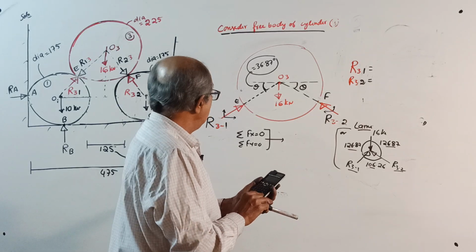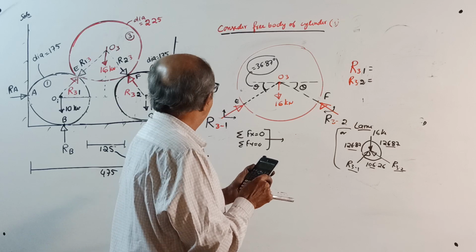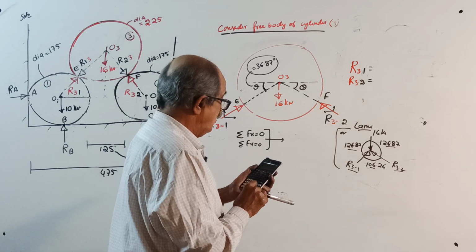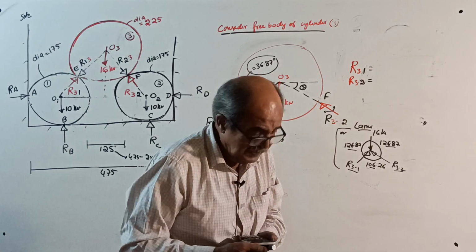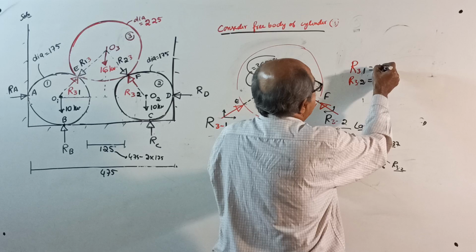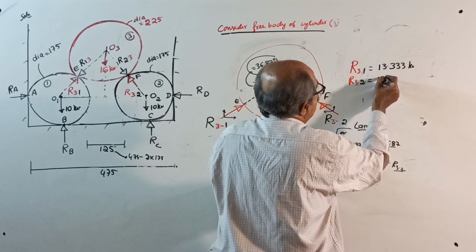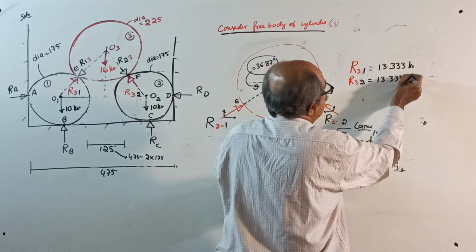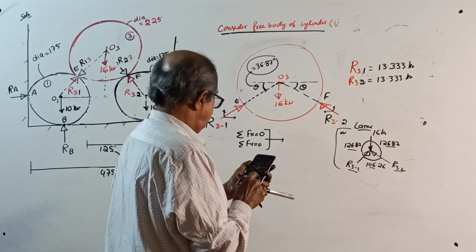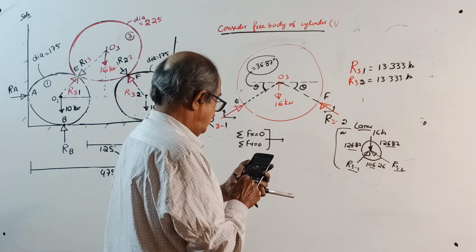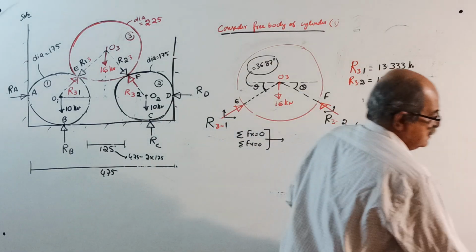I will divide 16 by 2, then divide by sine of 36.87. I got the answer: 13.333 kilonewton. This also 13.333 kilonewton. I check once again: 16 divided by sine of 36.87 divided by 2. Yes, correct. These are over.